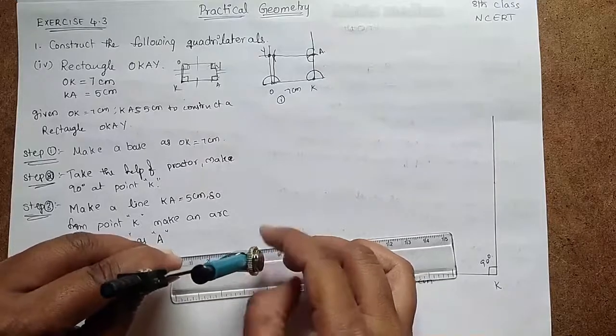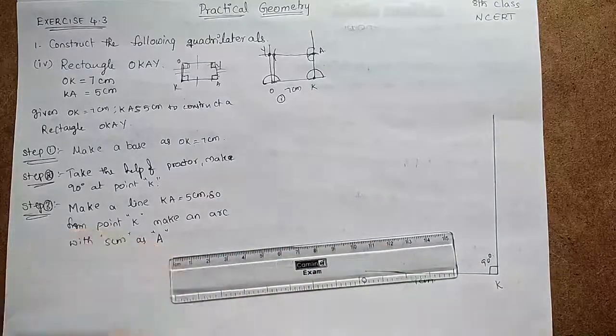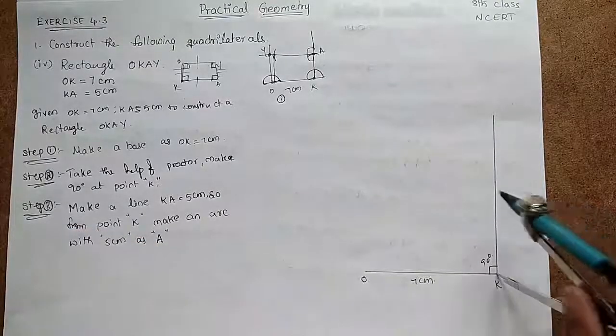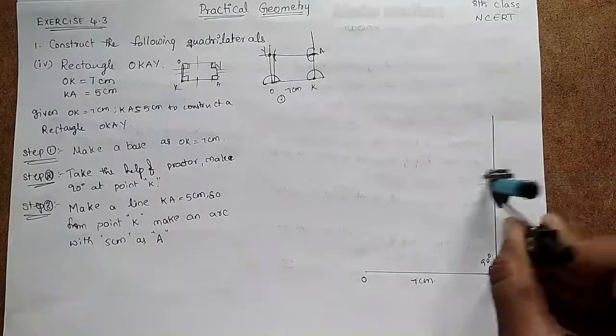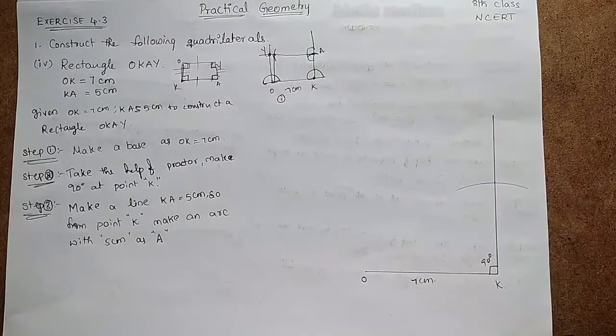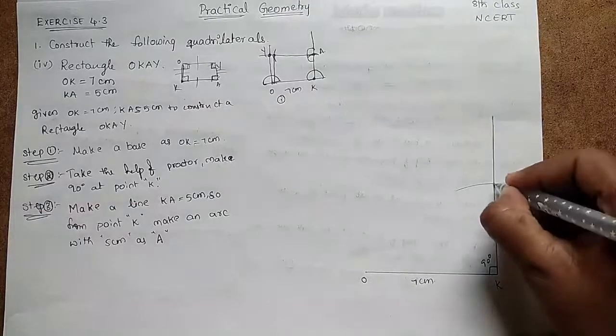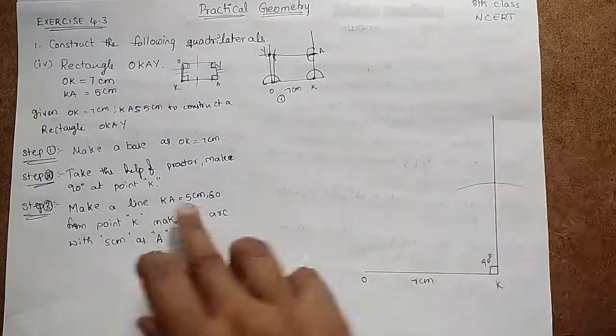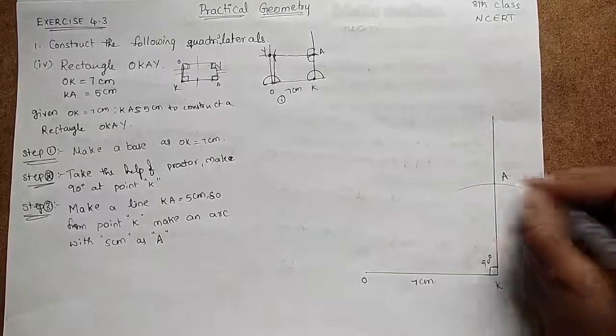So this is 5 centimeters, and draw at K and make this an arc. So we get a point here. So this is the point. The point is A. So here we get A.